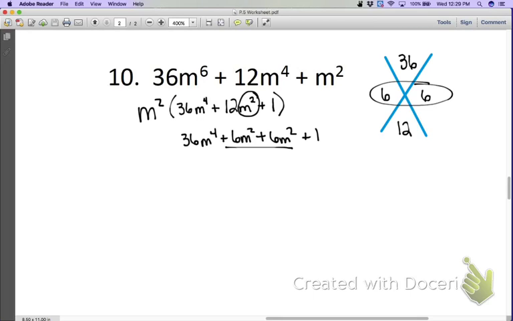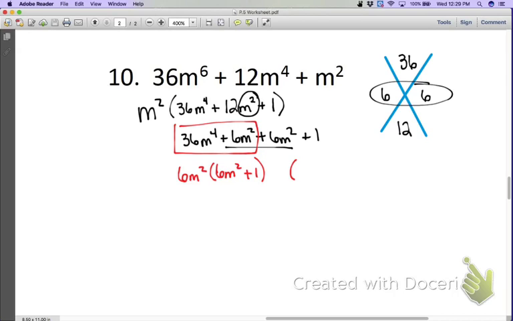I'm going to do this part and then I'll just tack the m squared that we pulled out at the beginning. So I'm just going to do it by grouping. What can I factor out of 36m to the fourth and 6m squared? 6m squared, plus 1.